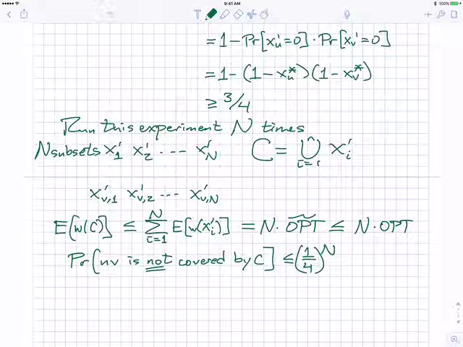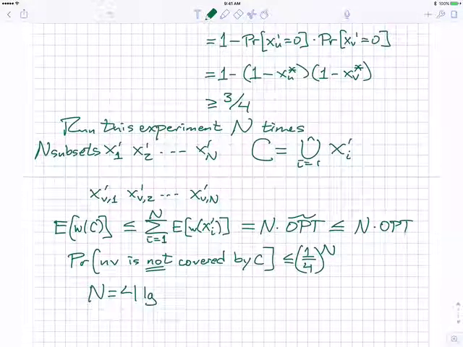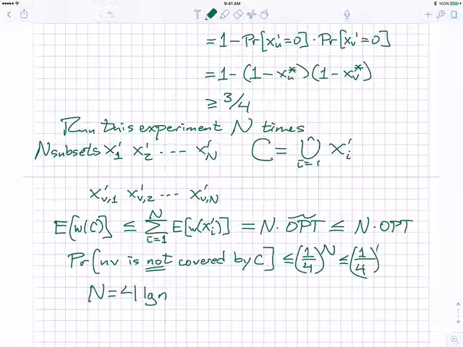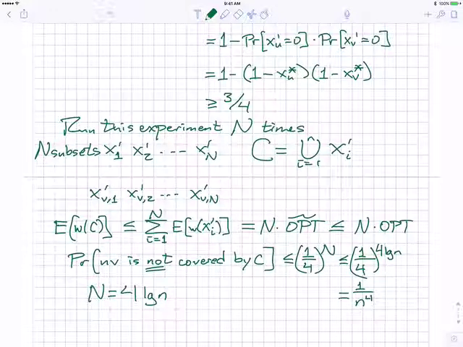So if I set N to be, say, 4 log n, just as an example, then this probability is going to be at most 1/4 to the 4 log n, which, if I've got my math right, is about 1/n to the 4th. Actually, not 1/n to the 4th, 1/n to the 8th. Okay, tiny.